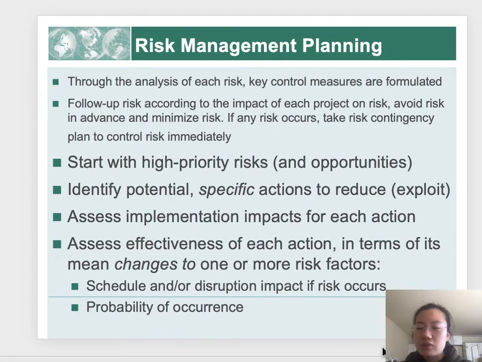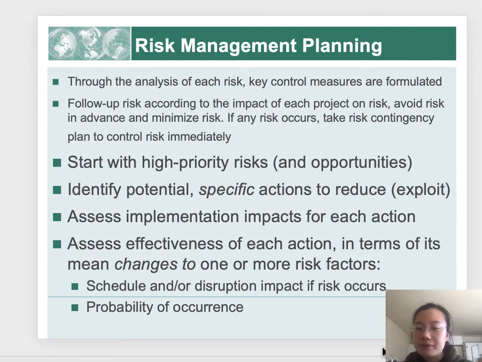Through the analysis of each risk, key control measures are formulated. Follow up on risk according to the impact of each on the project. Avoid risk in advance and minimize risk. If any risk occurs, take the risk contingency plan to control the risk immediately.